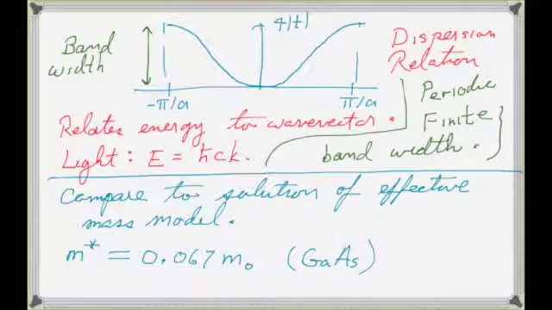So we can go ahead and do that. In that case, you have minus h bar squared over 2m star, d squared dx squared, psi equals E psi. Again, we'll just do 1D.